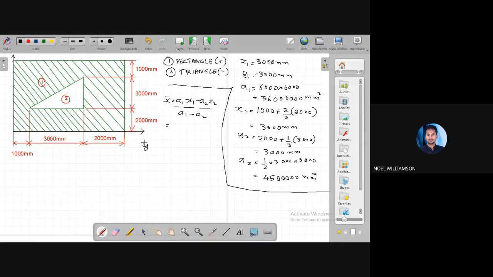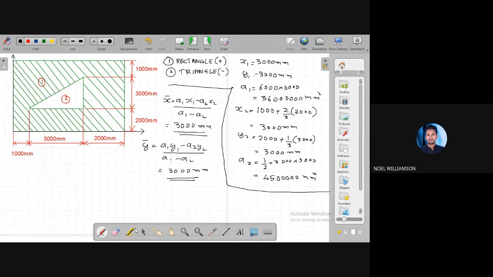Then y bar equal to A1 y1 minus A2 y2 by A1 minus A2, and the value x bar and y bar എത്ര കിട്ടുന്നത്? Okay, right. 3000 mm. 3000 mm.